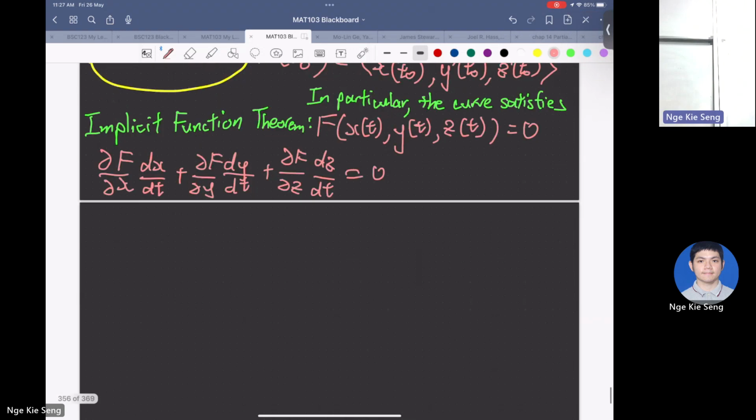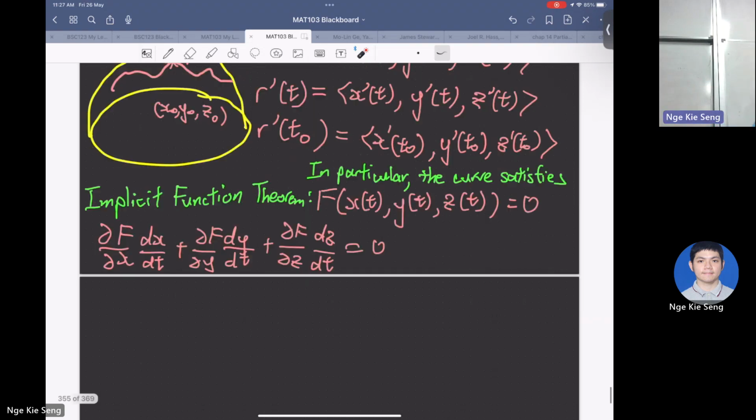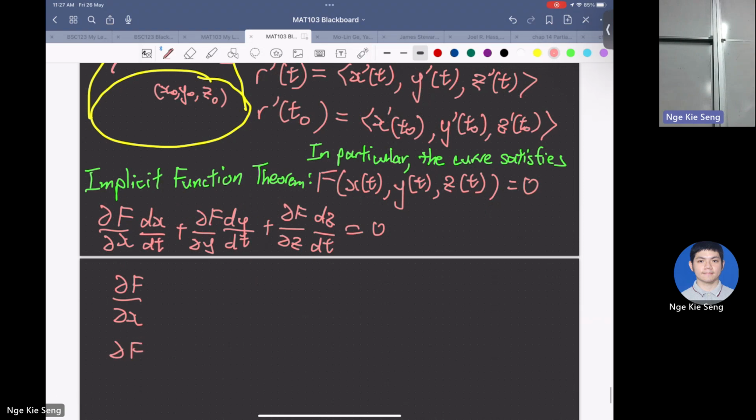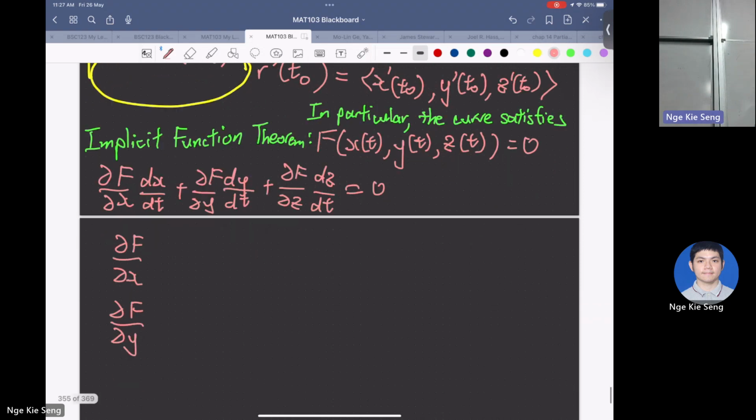So how to split this? So we know that the left term of each product form a gradient. How about the right term of each product? What are those things? So let me write out them. So we know that these form the gradient last time. Right.